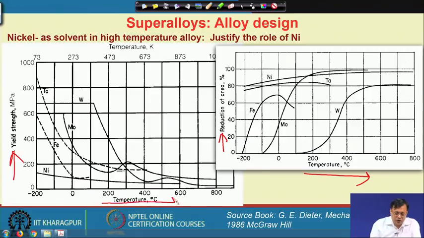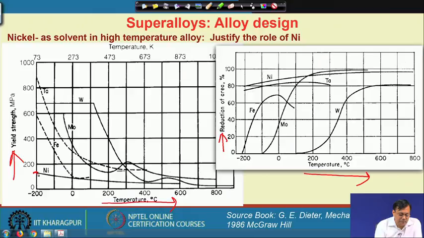So, different elements have different melting temperatures, that is for sure. However, if we simply consider a temperature and its strength, I am talking about a zero time strength actually, meaning the yield strength.